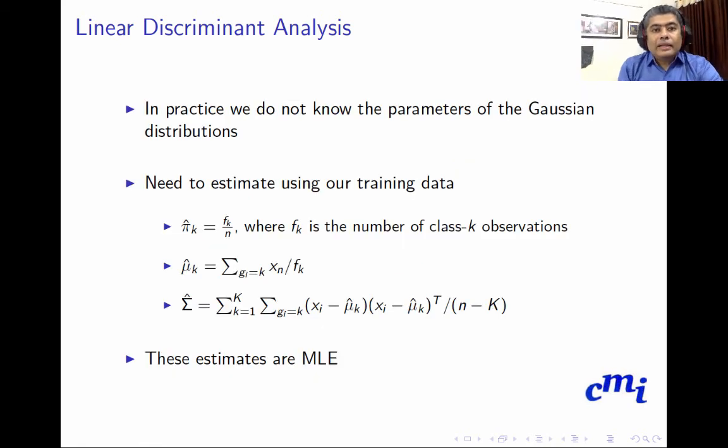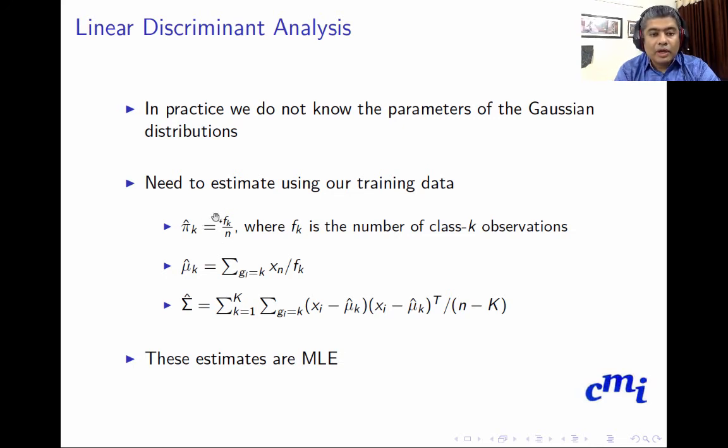In practice, we do not know the parameters of the Gaussian distribution, so we have to estimate them using our training data. We also don't know the prior probability pi k to begin with. So what people do is estimate pi k as the class frequency f_k by n, where f_k is the number of class k observations.